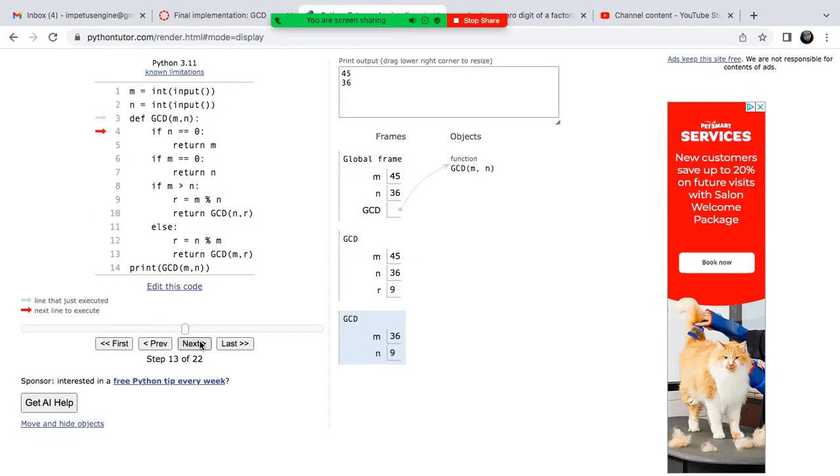We output the next remainder, which is 0, then we go to the GCD of 9 and 0, and output 9 as the return value. So there we have a review of this problem for the numbers 45 and 36, and the solution is 9.